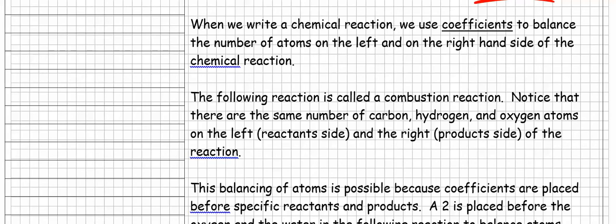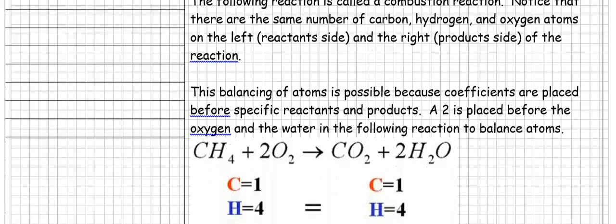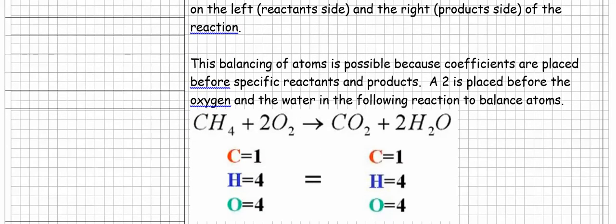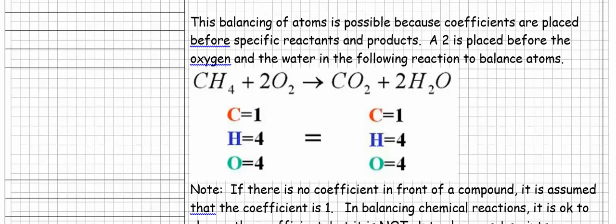The following reaction is called a combustion reaction. We've looked at that. That was that fifth reaction type that we looked at. Notice that there are the same number of carbon, hydrogen, and oxygen atoms on the left, the reactant side, and on the right, the product side of the reaction. Here it is. It says the balancing of atoms is possible because coefficients are placed before specific reactants and products.